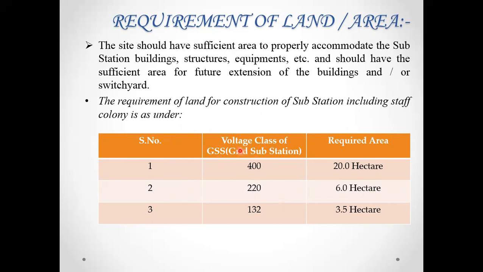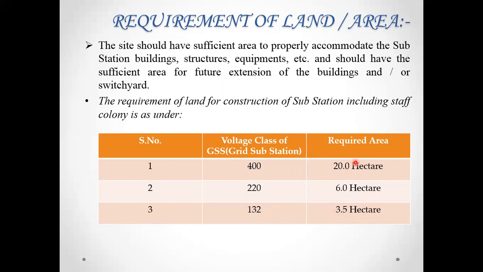GSS is the grid substation, classified as 400 kV, 220 kV and 132 kV. For 400 kV we require around 20 hectares, which is the minimum requirement. For 220 kV we require 6 hectares, and for 132 kV we require 3.5 hectares.